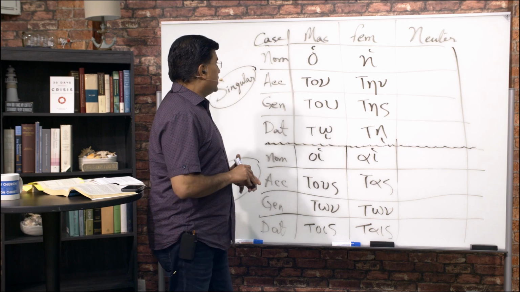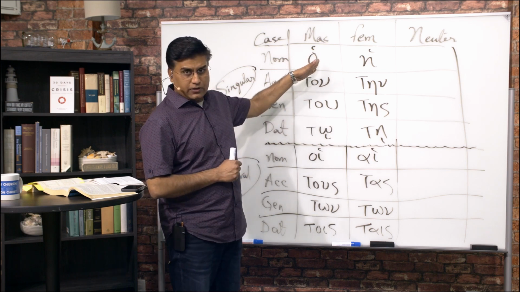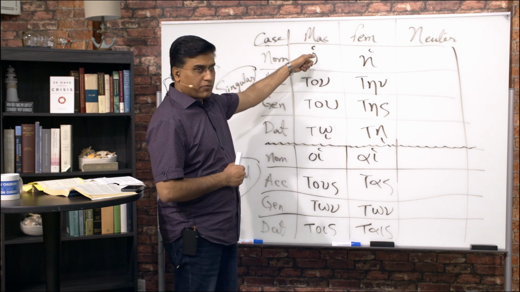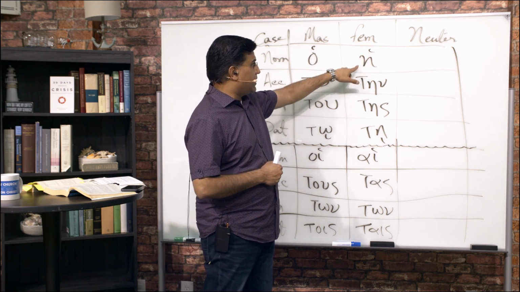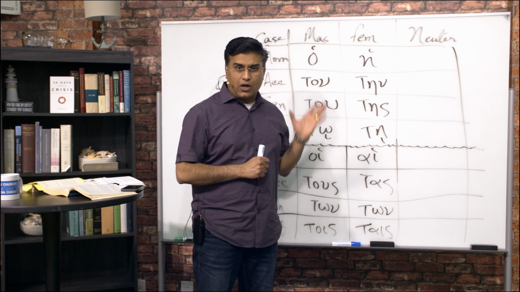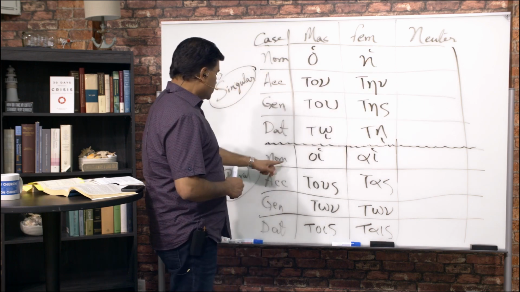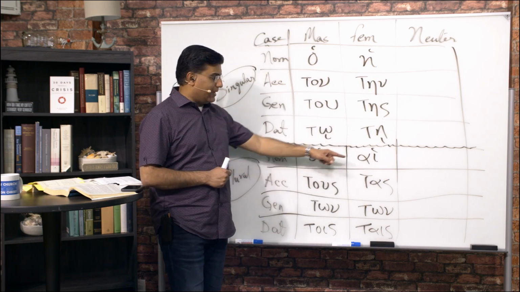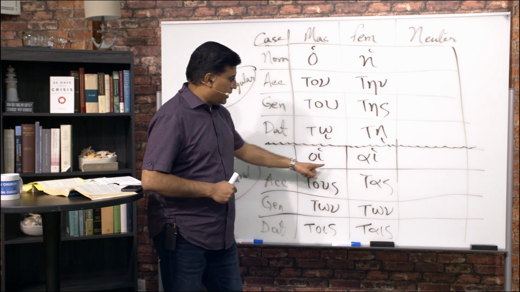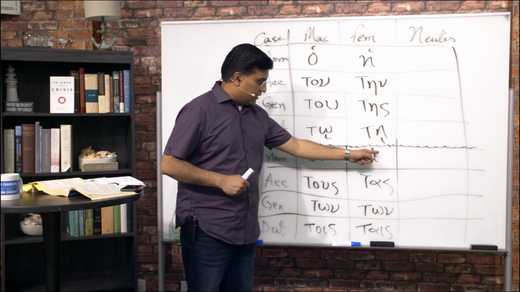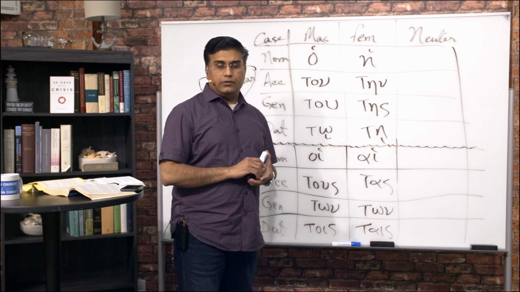For example, in the nominative singular masculine, it's ha with a rough breathing. In the feminine nominative singular, it's hey, again with a rough breathing. And then also in the plural nominative, it's hoi and hi. The rough breathing is there over the second vowel.